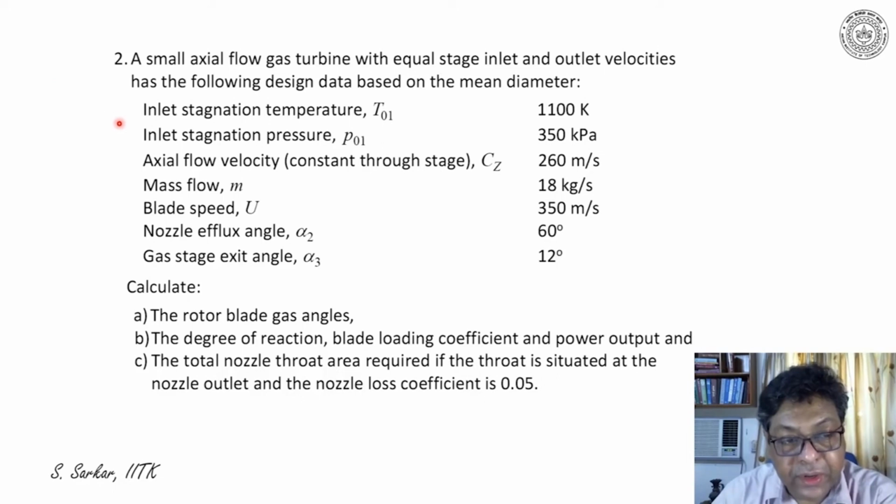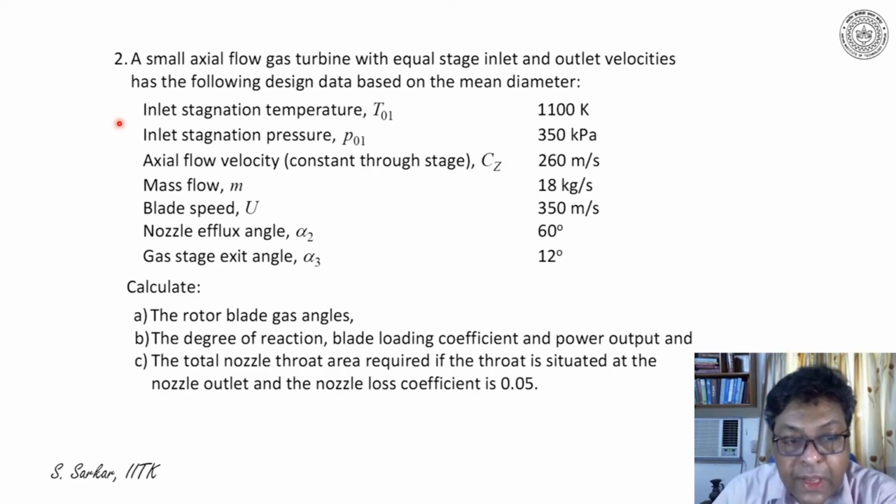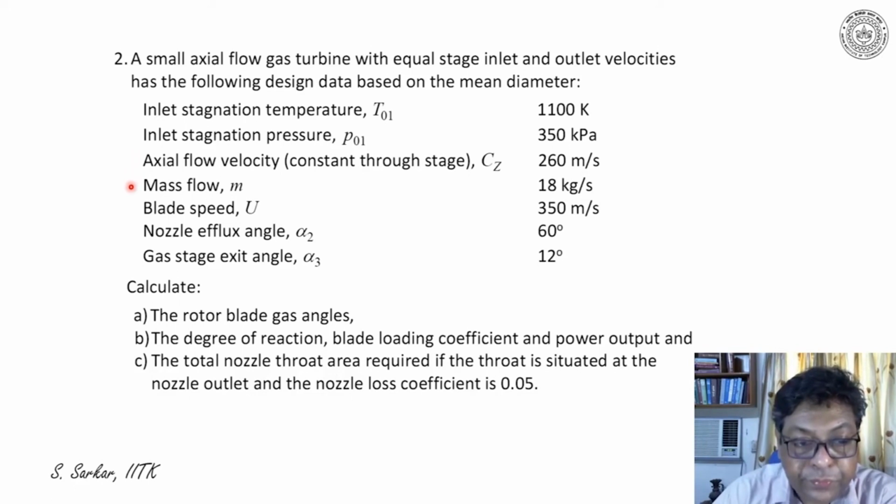The data given are: inlet stagnation temperature T01 is 1100 Kelvin. Inlet stagnation pressure P01 is 350 kilopascal. Axial flow velocity can be taken constant throughout the stage, Cz as 260 meter per second.